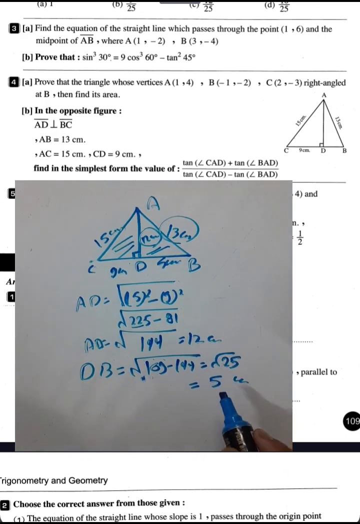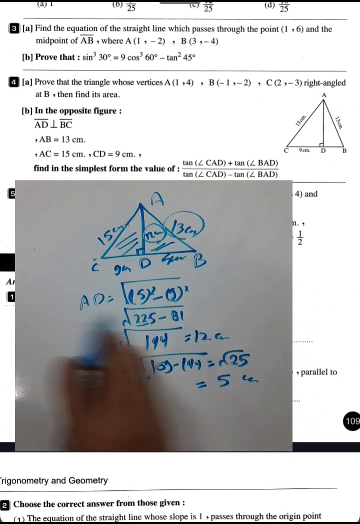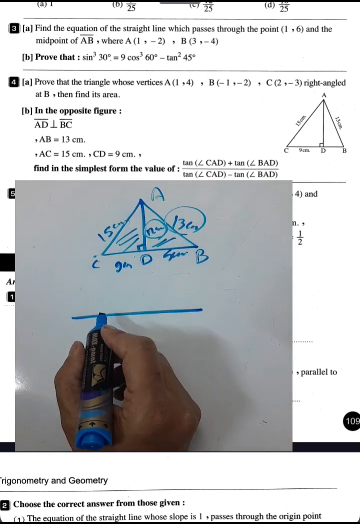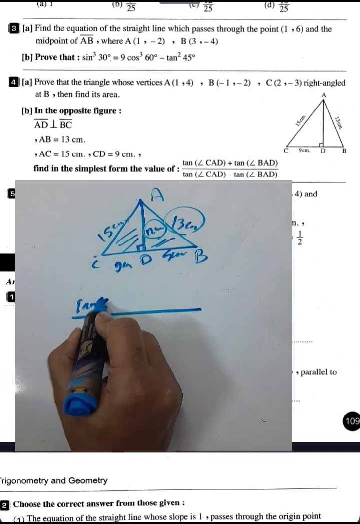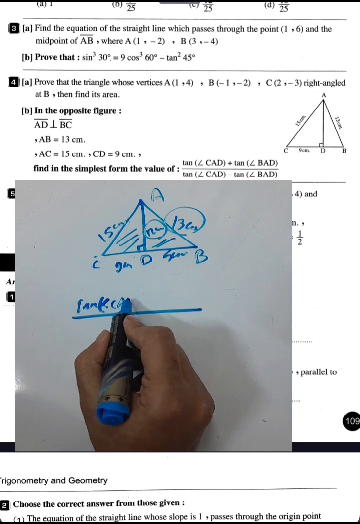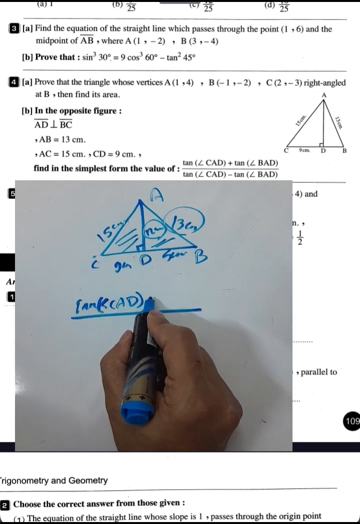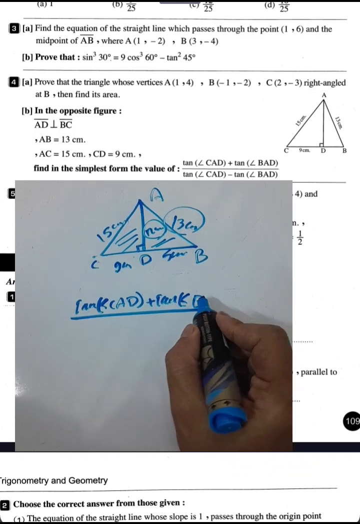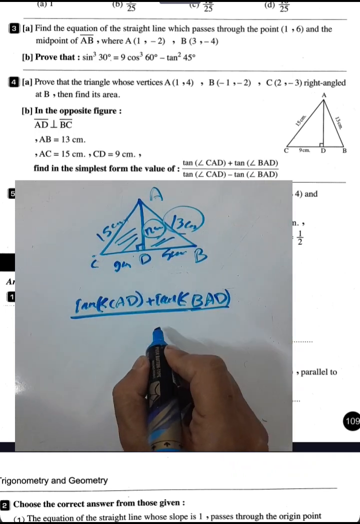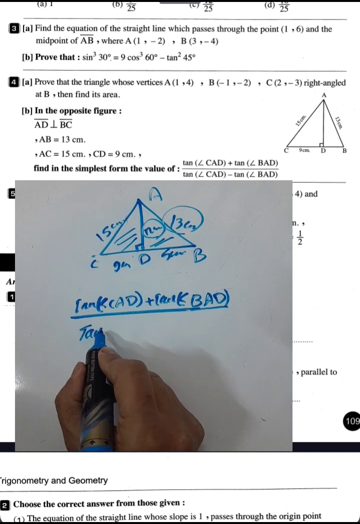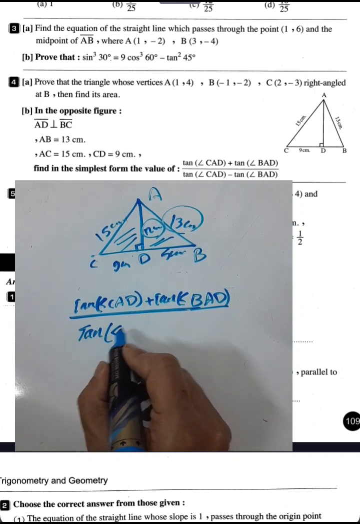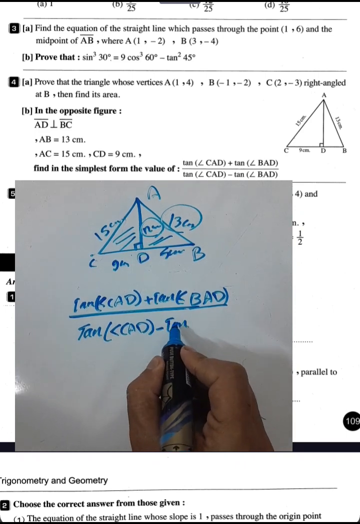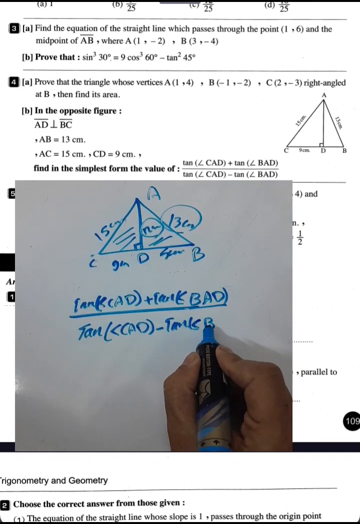Okay, then you can find this expression: tan angle CAD plus tan angle BAD over tan angle CAD subtract tan angle BAD.